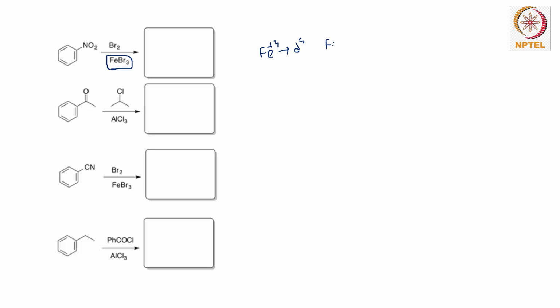So when you are adding bromine, it has a lone pair. As the iron has a vacant d orbital, one of the bromine will attack this vacant d orbital.